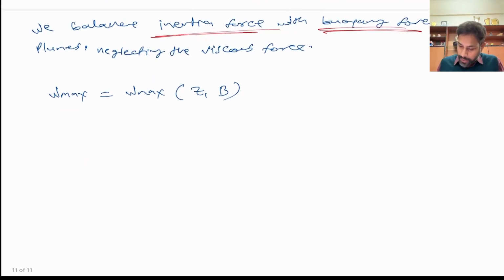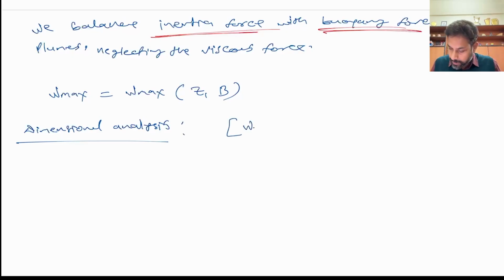All right, so now we will apply dimensional analysis here, which says that dimension of W max must be equal to the dimension of, let's say, Z to the power A and B to the power B. Okay, and we don't know yet what is A and B.